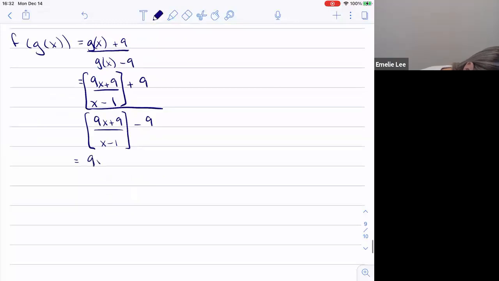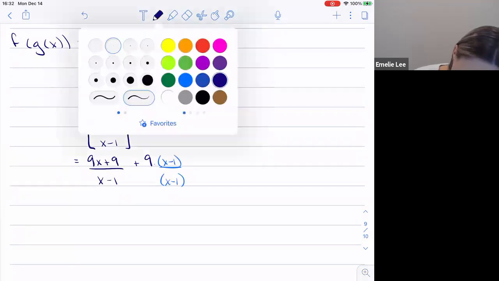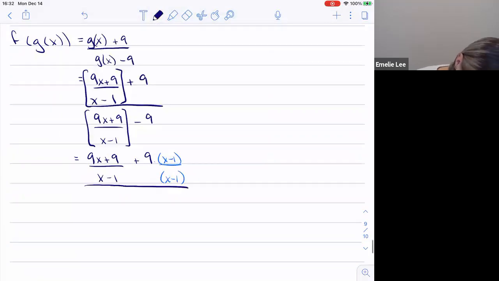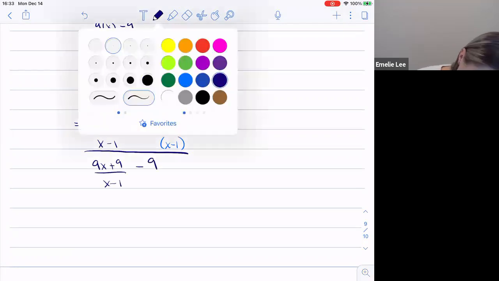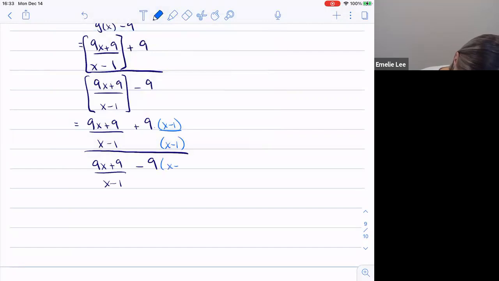So this becomes 9x plus 9 over x minus 1 plus 9, and then I'll show it here in a different color, times x minus 1 over x minus 1. Divided by, and then same thing here, 9x plus 9 over x minus 1 minus 9, times x minus 1 over x minus 1. Right, multiplying by 1 doesn't change anything.